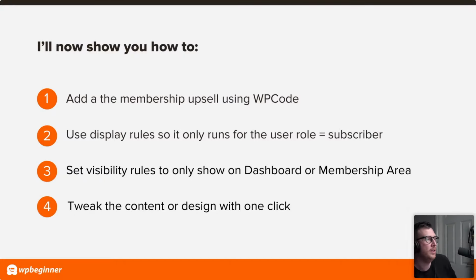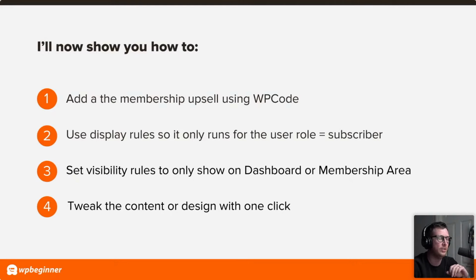Okay, so with this one, I'll just show you how to add a membership upsell using WP Code. Use display rules so it only runs for certain users. Basically, I said subscriber here, but because I'm an admin on my site, I've just changed it to admin. But whatever user role you wanted, you can show it for that.